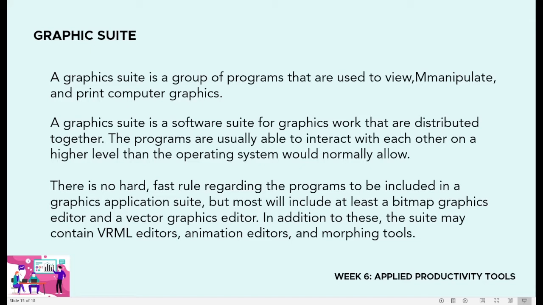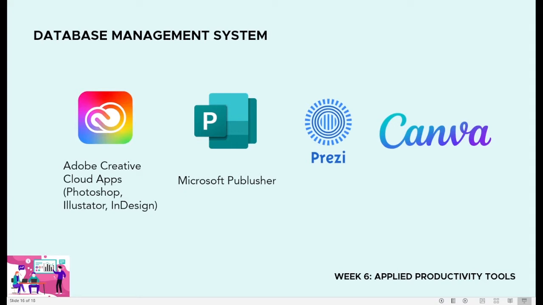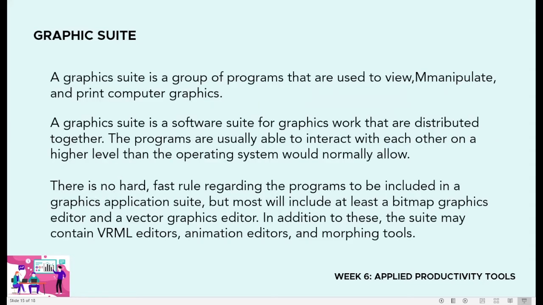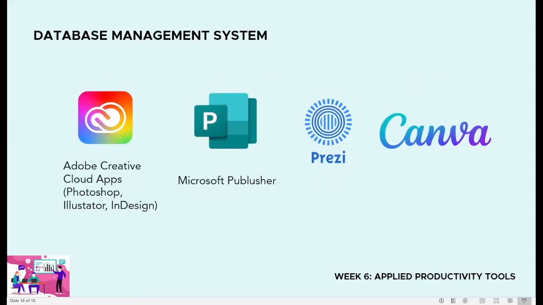Okay. Now, when you use graphics, make sure that you have good branding, good color, good text. Because there are many factors before we can say a layout is beautiful, right? Those are examples of the creative suite, graphics suite. Number 1 is Adobe CC or Adobe Creative Cloud, that's Photoshop, Illustrator, InDesign, Premiere Pro, After Effects.